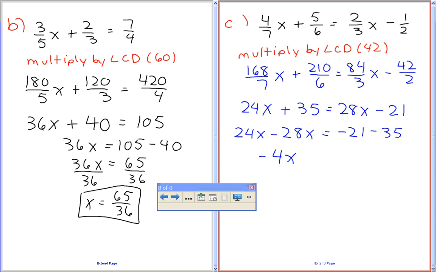X equals negative 56. Time to shine. Go. And 56 over negative 4 is? Okay. What I got here is 14. Is that right? 14 is right. And 14 is right.